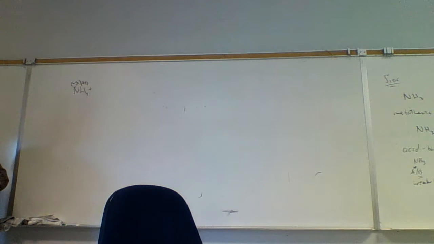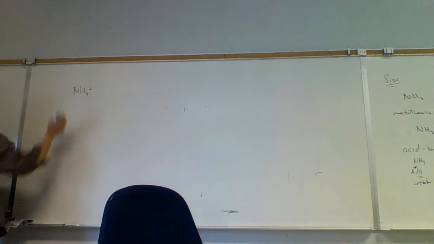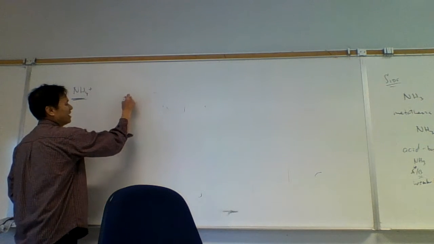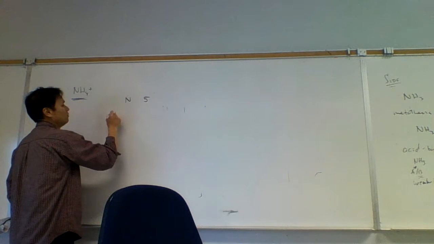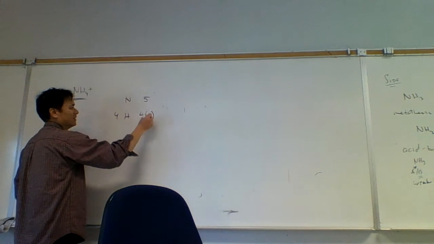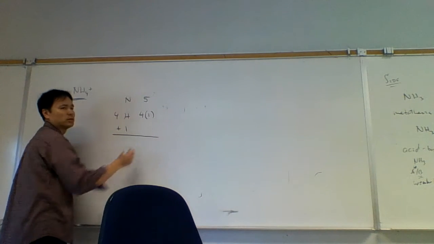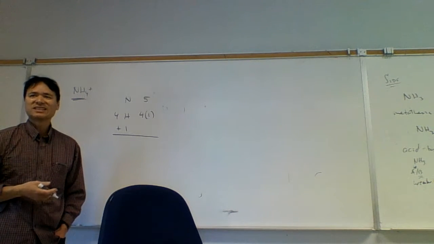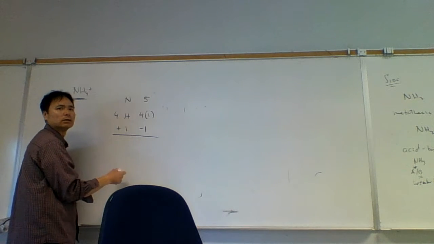So let's figure out the structure of this. The first step is nitrogen. How many valence electrons does nitrogen have? 5. And then we have 4 hydrogens. Each hydrogen has how many? 1. So it's 4 times 1. And then we have the charge. It's a +1 charge. A +1 charge means we're missing an electron, so it's -1 here to indicate that.